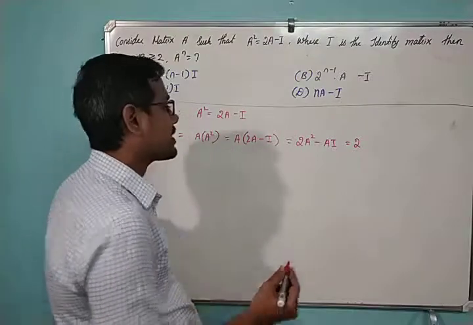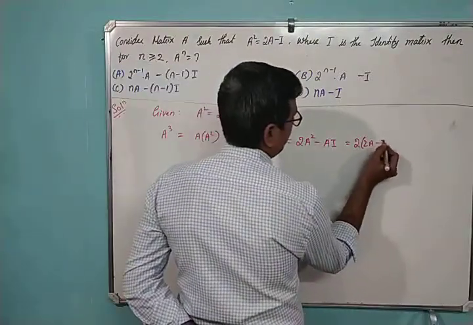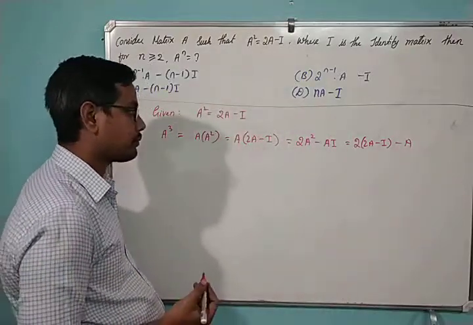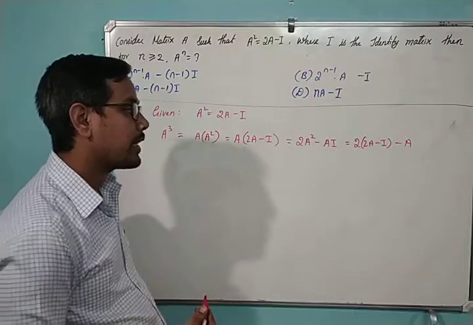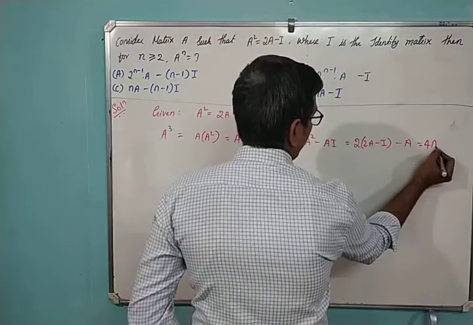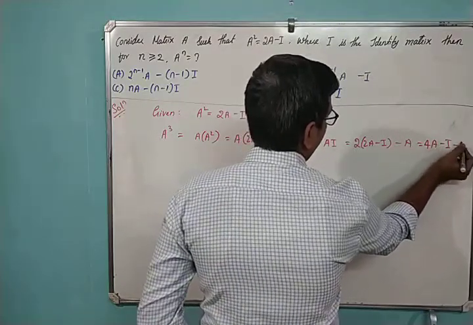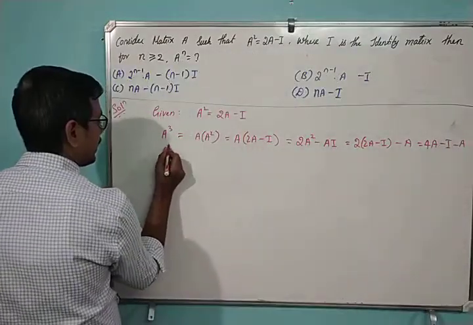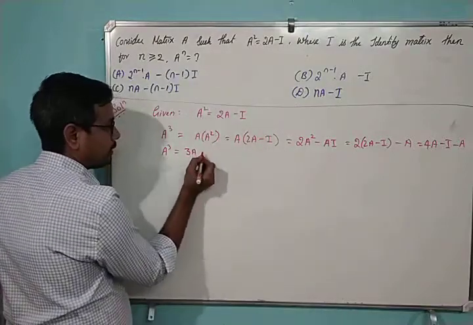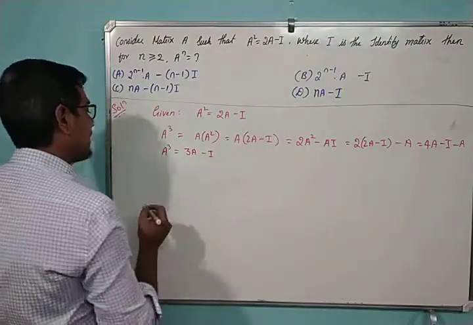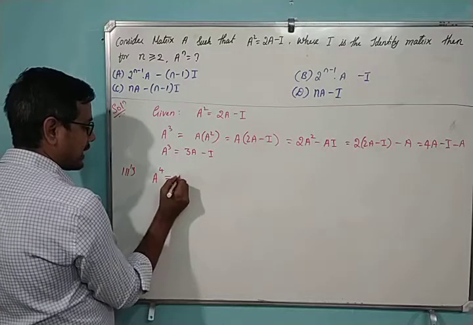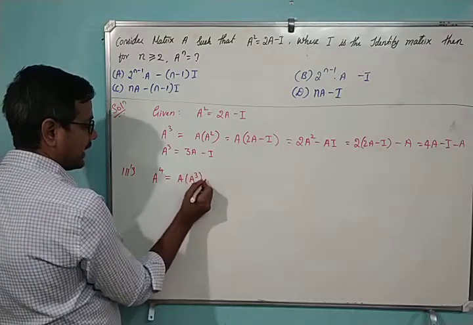A square is 2A minus I, minus A into I, which can be taken as A. So this can be written as 4A minus I minus A. So A cube can be written as, what is 4A minus A? 3A minus I, right?